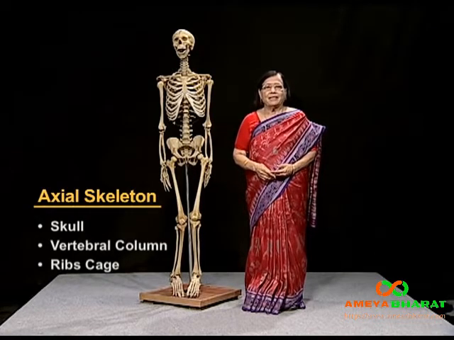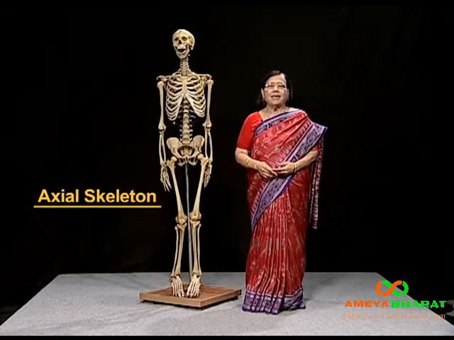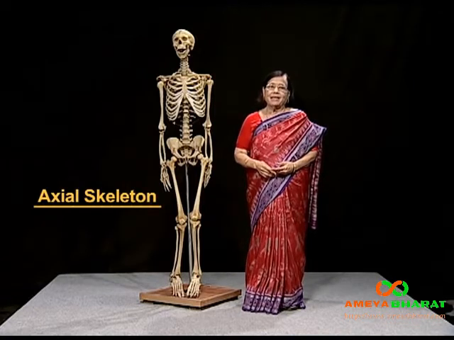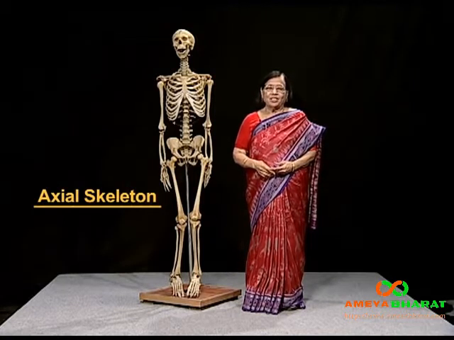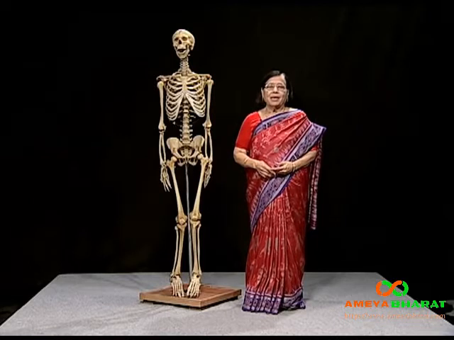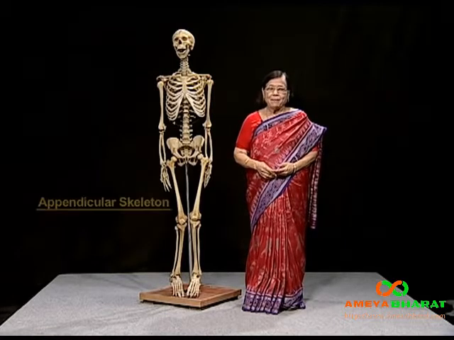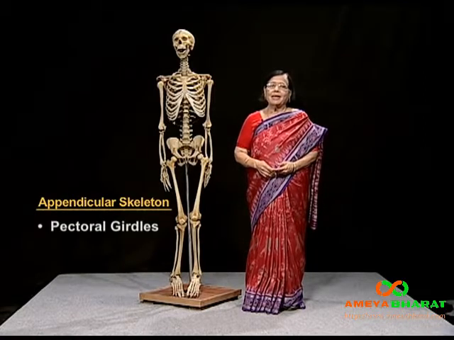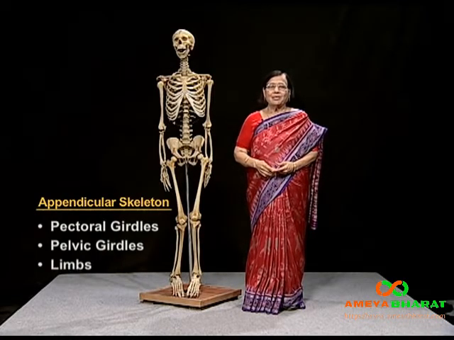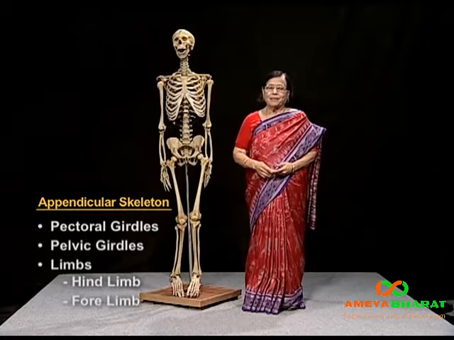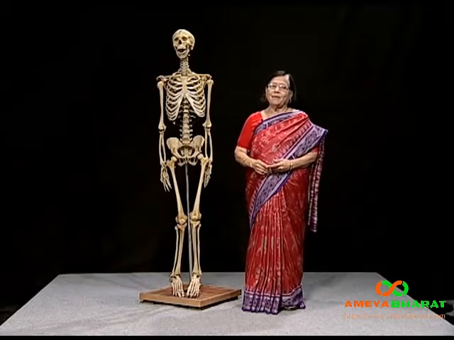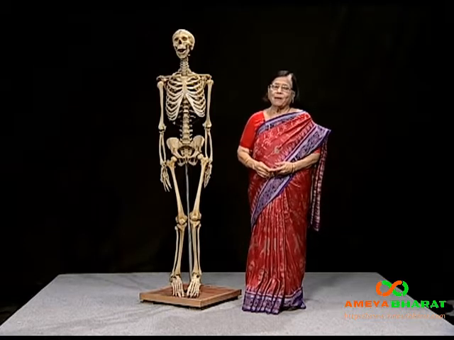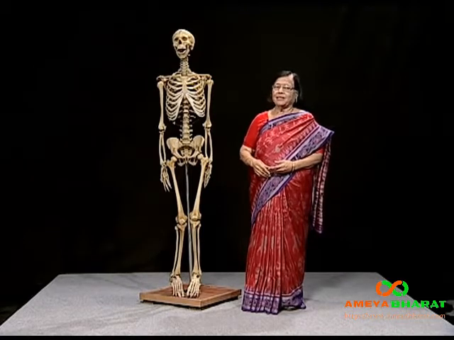As the name indicates, axial means axis, it makes the axis of the body, and that is our head, our chest and the vertebral column. The other division is appendicular skeleton, which includes the pectoral girdle, pelvic girdle, and the limbs, hind limb and forelimb. Let me start explaining the bones in this skeleton, starting with the head, which is part of the axial skeleton.